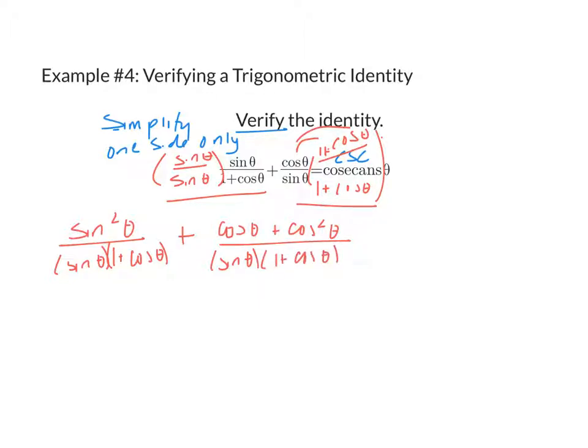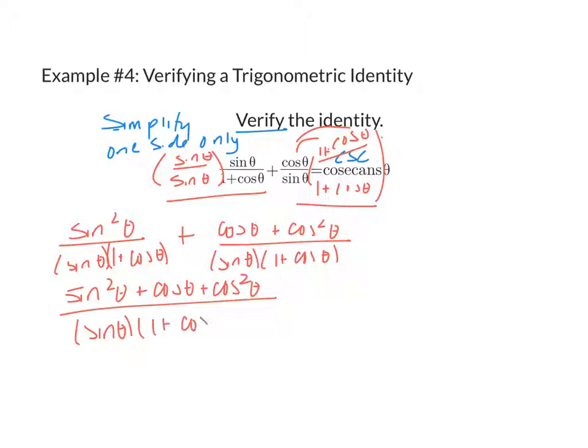Putting all those numerators together will give us sine squared theta plus cosine theta plus cosine squared theta over sine theta times 1 plus cosine theta. What you should recognize at this point, especially in the numerator, is that sine squared theta and cosine squared theta equal 1.